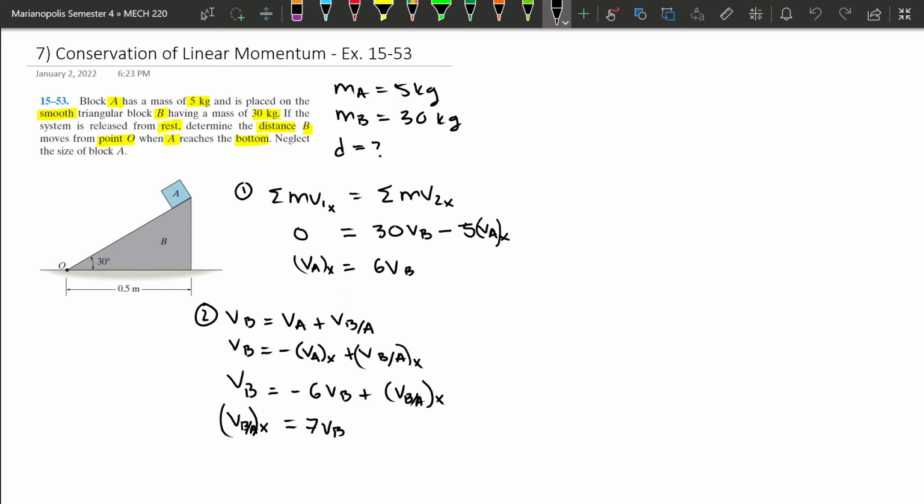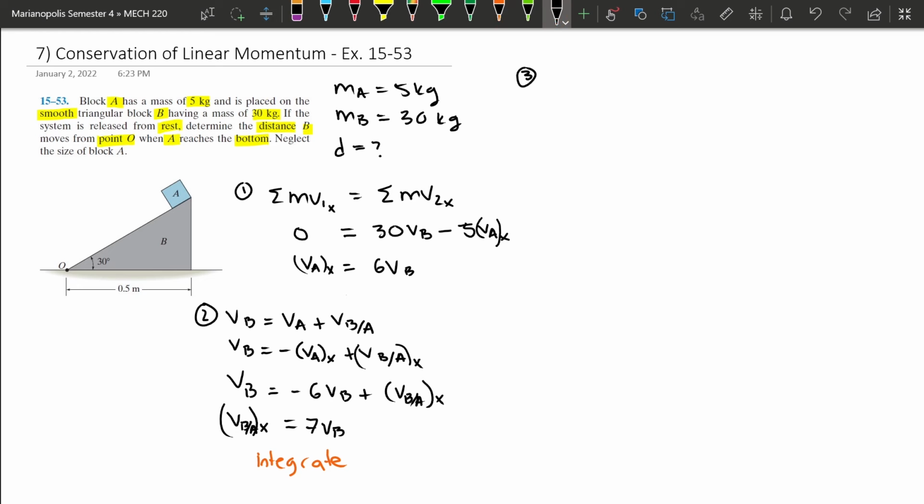Remember how in those cable problems we had s, and we differentiated to get the velocity and differentiated again to get the acceleration? Well, here we're going to integrate to go back to get the distance, because the question asks to determine the distance B moves. So I'm going to make a note here: integrate.